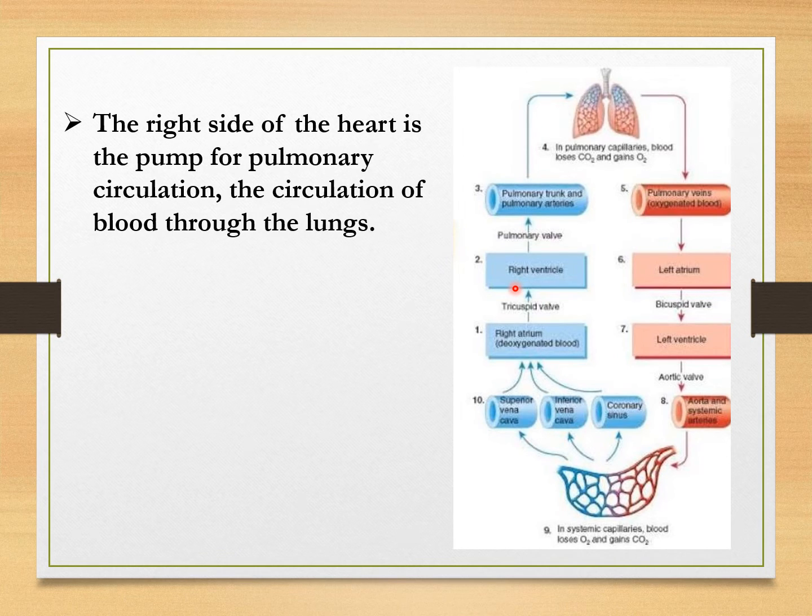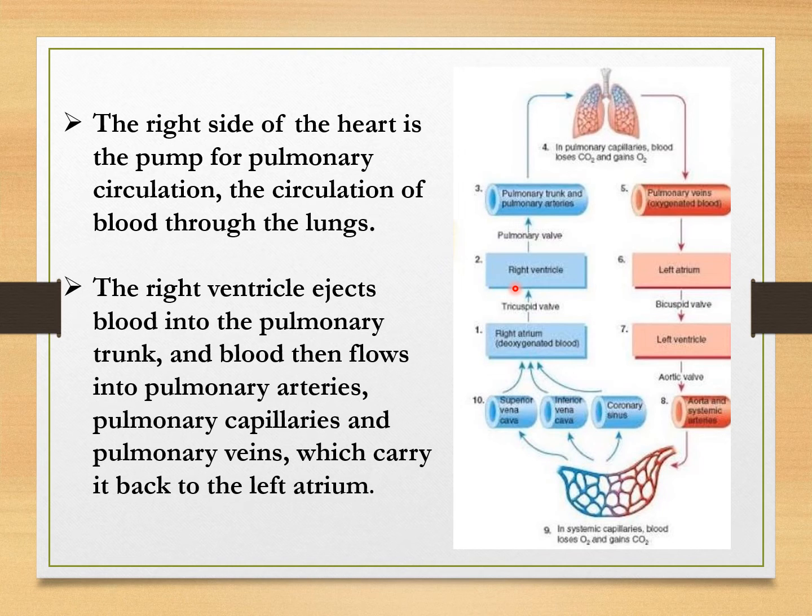It circulates the blood through the lungs. The right ventricle ejects the blood into the pulmonary trunk, and the blood then flows into the pulmonary artery, pulmonary capillaries, pulmonary vein, which is carried back to the left atrium.